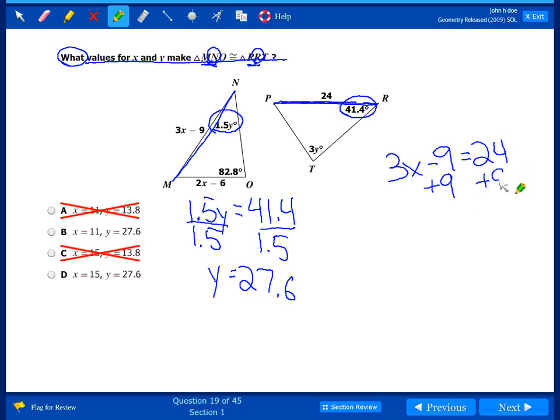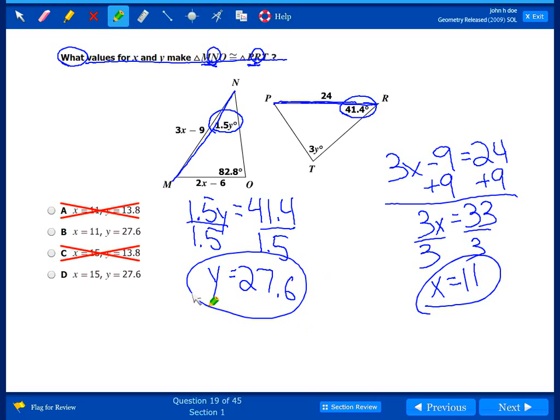We add 9, get 33, and we divide by 3. Sorry, this is 33. So we get x is equal to 11. So the correct answer is B.